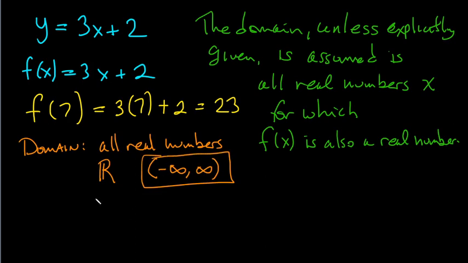And the range, that's usually a little trickier to figure out because you have to figure out all possible outputs. But if the domain is all real numbers, then the range will also be all real numbers as well.